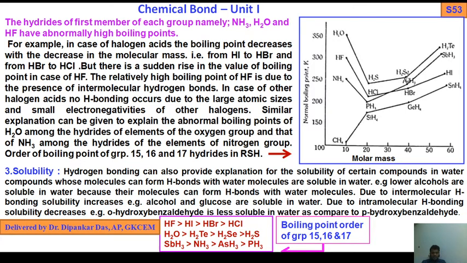Before discussing the graph, we read again. For example, in case of halogen acids, the boiling points decrease with decreasing molecular mass, that is from HI to HBr and from HBr to HCl.